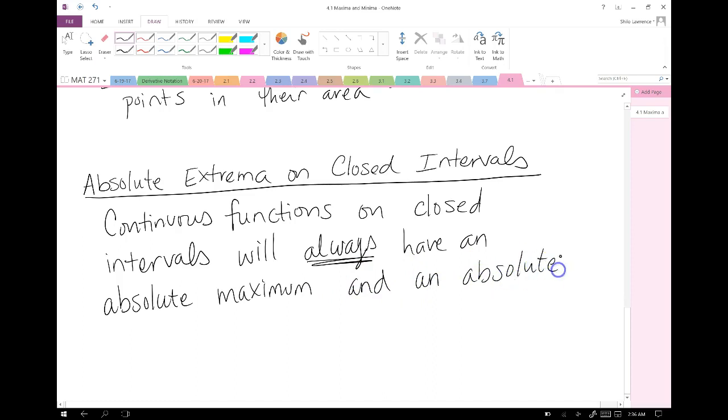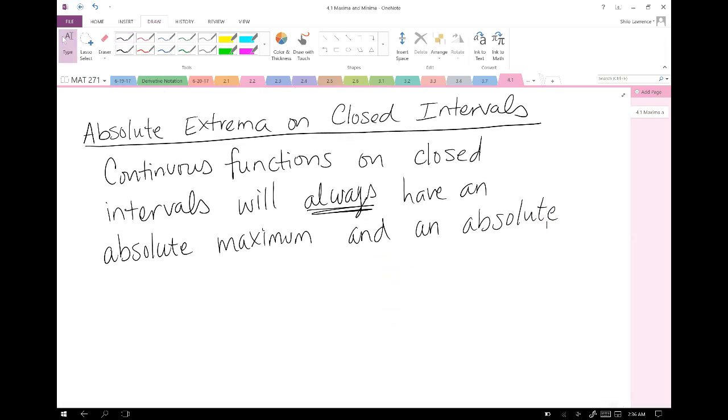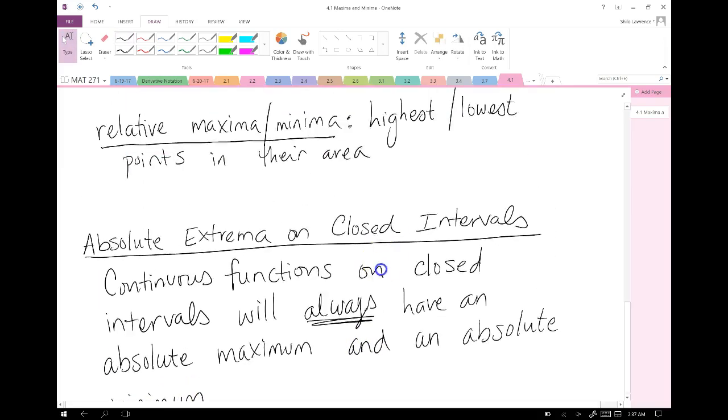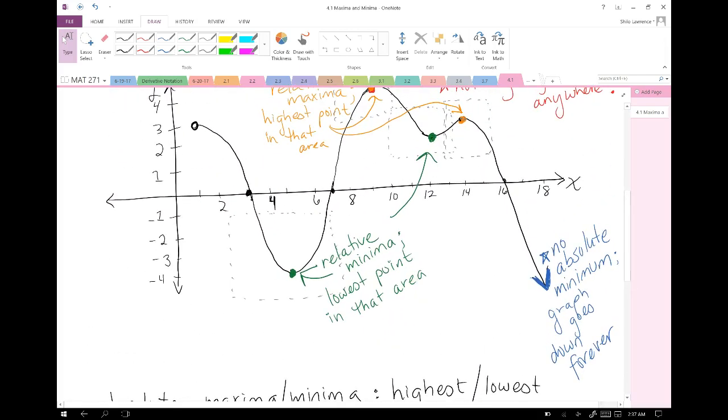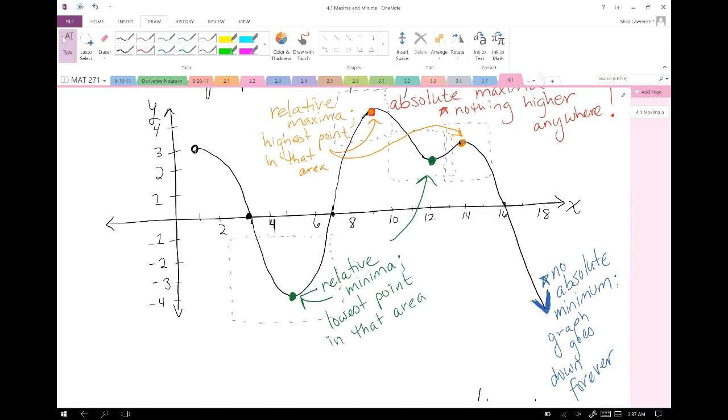Well, the example we just looked at earlier, the graph I just showed you, we didn't have an absolute minimum, and I'm going to go back up to that graph in just a second and show you why. So if we look back up here, the interval that we're working with is not closed.